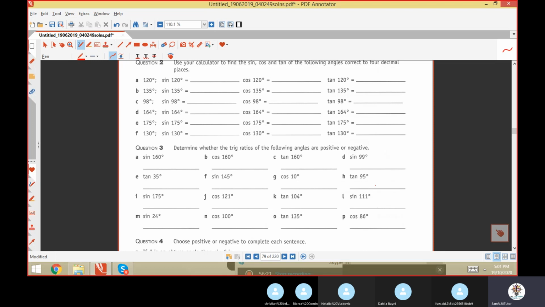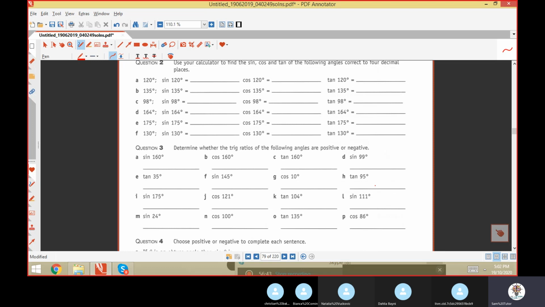So I'll teach you how to do it. Okay, so this is 0 degrees, 90 degrees, 180 degrees, 270 degrees, and 360. Now the first angle is 160, right? So 160 would look like something like this.